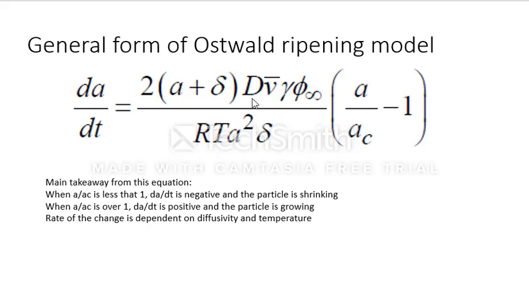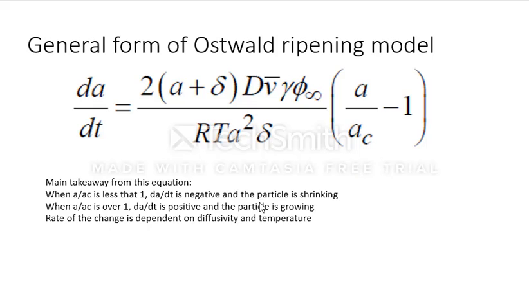D is the diffusivity, V is the molar volume, gamma is the interfacial tension, phi is the volume fraction, R is the gas constant, T is temperature, delta is the continuous phase thickness, and a_c is the critical radius of the drop.